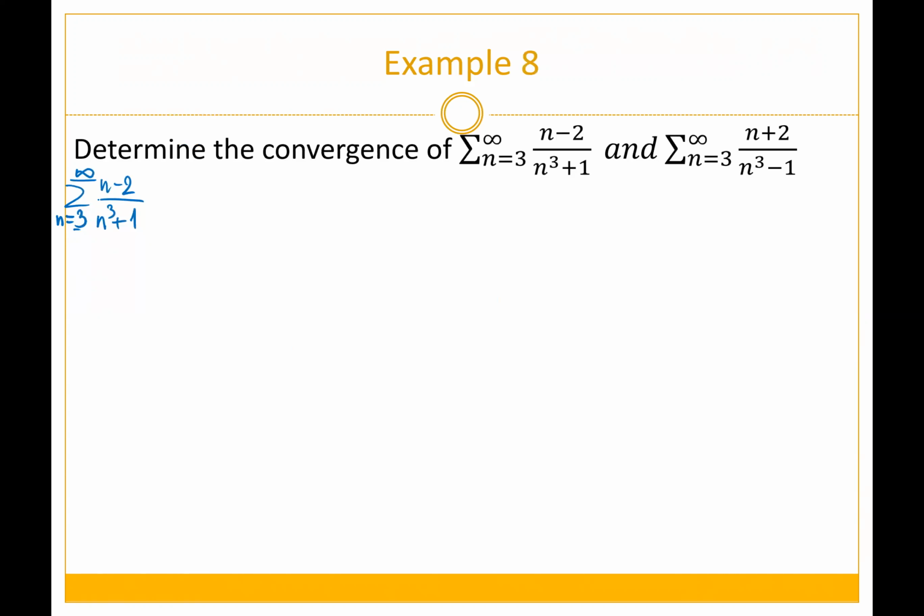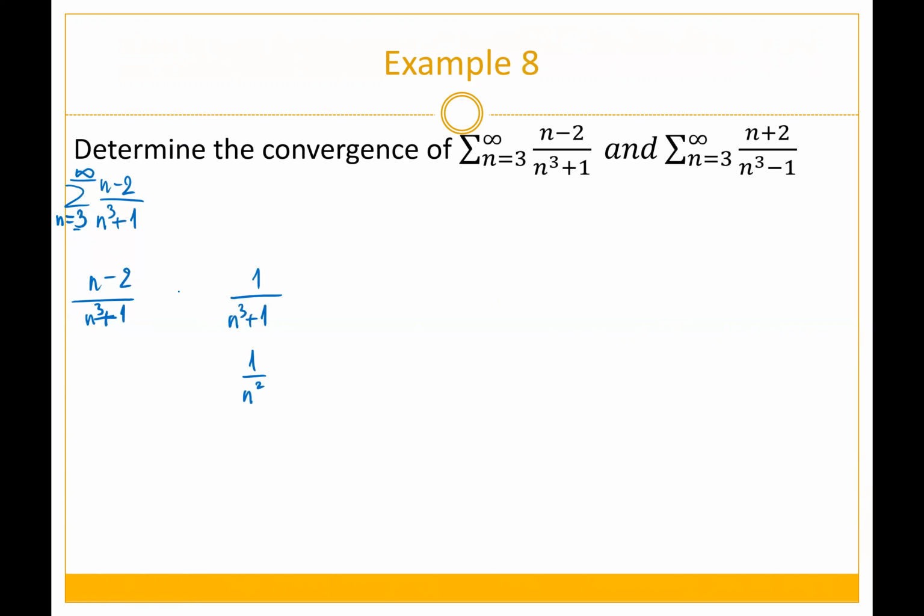It's starting from 3, right? Actually 1 over n cubed plus 3 cannot be used, and I'm going to show you why. So we have two answers, 1 over n cubed plus 1 and 1 over n squared.